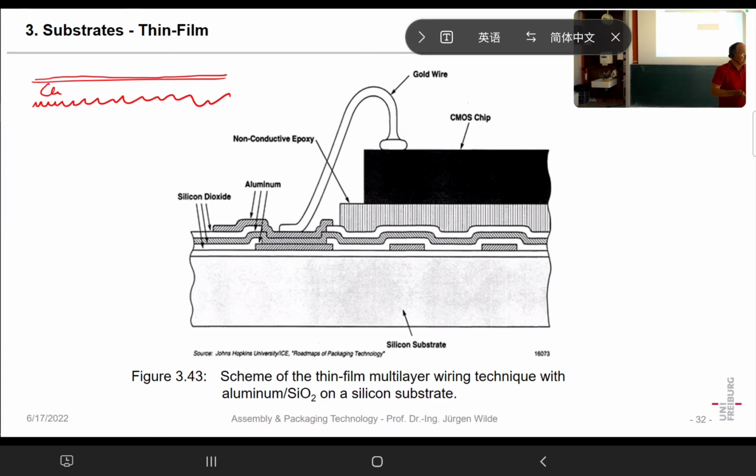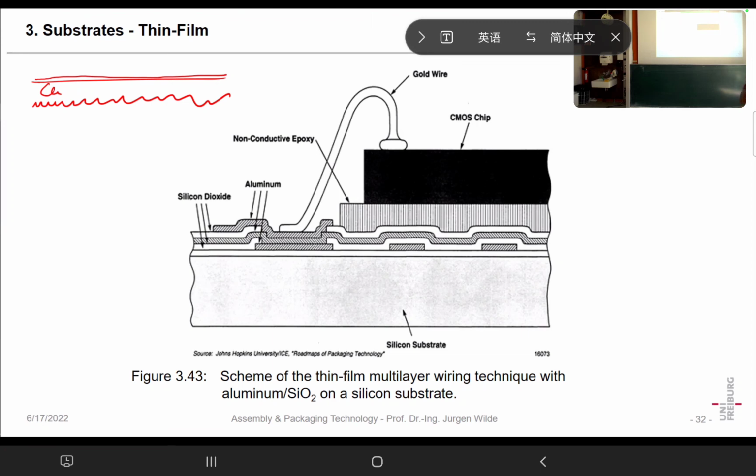And in that way, you do not have to put on the polyimide, put on a resist, expose the resist, develop it, and so on. So you can leave out the resist. You have a photoimageable polymer, and you just expose it and develop it.